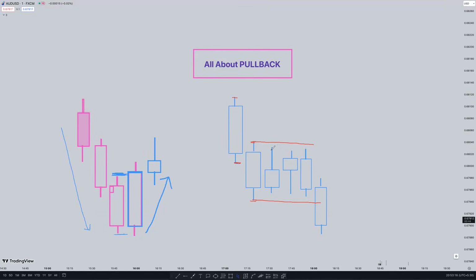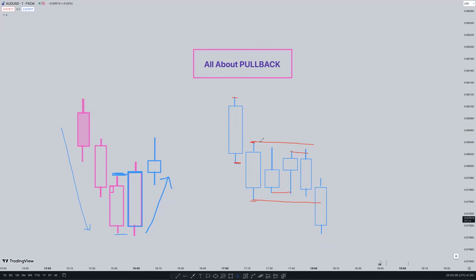If this shadow broke this high, then this point would become a valid pullback, but the market did not break this high, it is just creating candles within this high and low. Okay. Even if this one is broken by this one, for example, or broken by this one, it does not matter. This is not important for us.